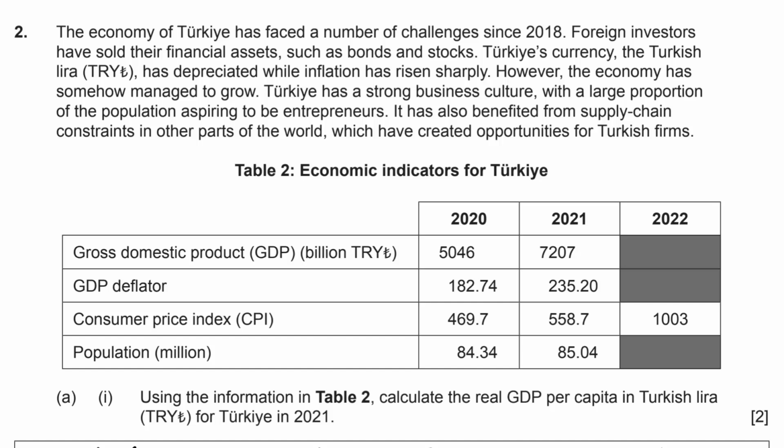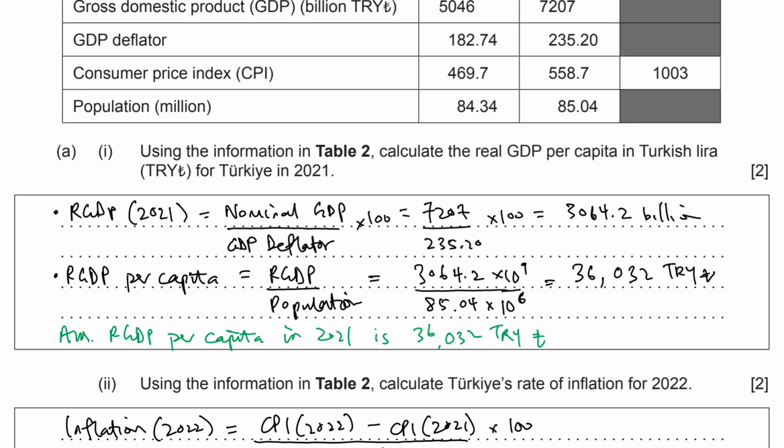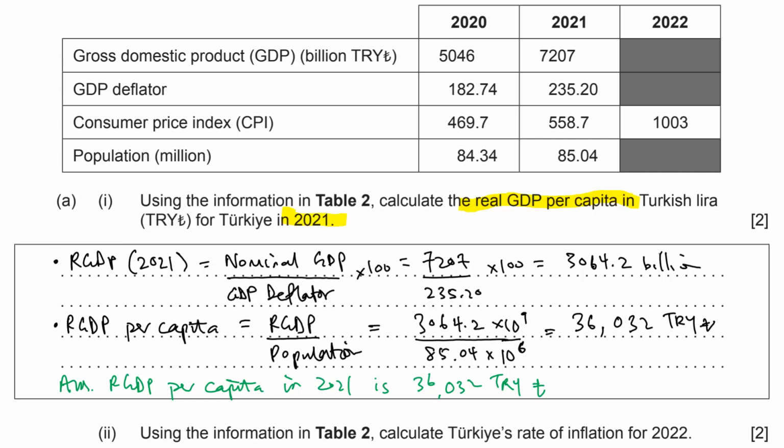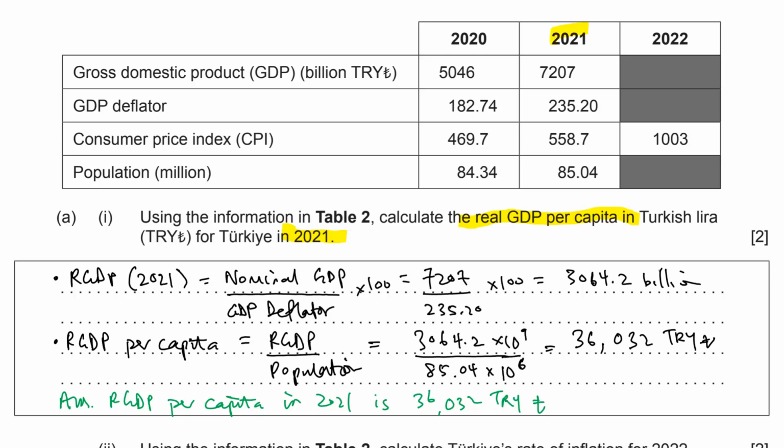In part A, part 1, we've been told to, using the information in table 2, calculate the real GDP per capita in Turkish lira for 2021. So essentially, we're going to be looking at this column of figures, that second 2021 column.